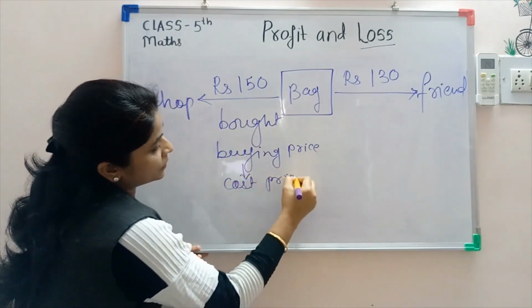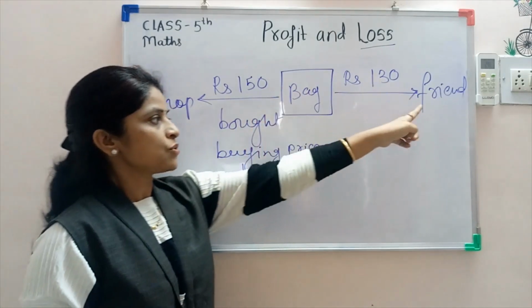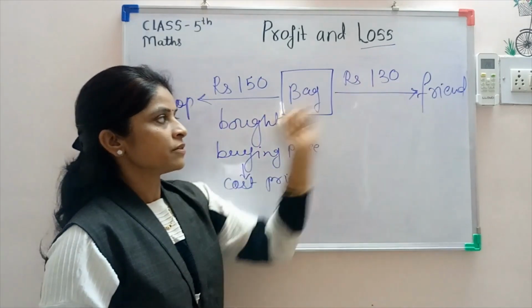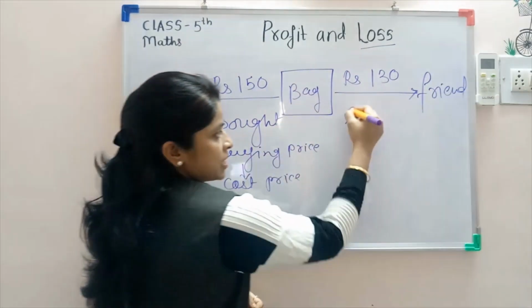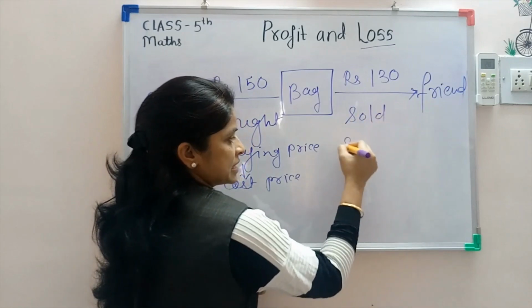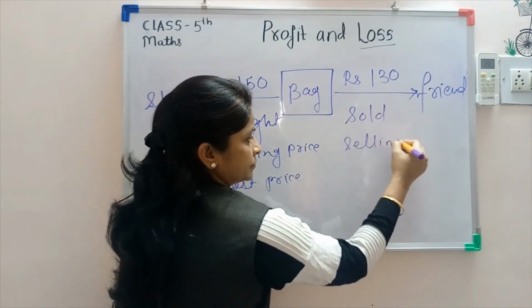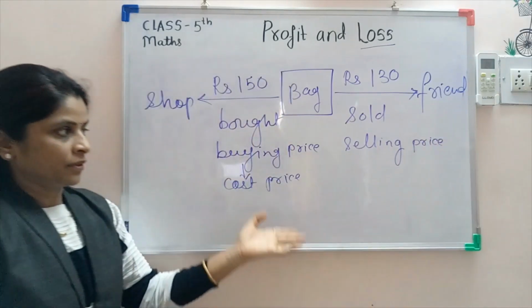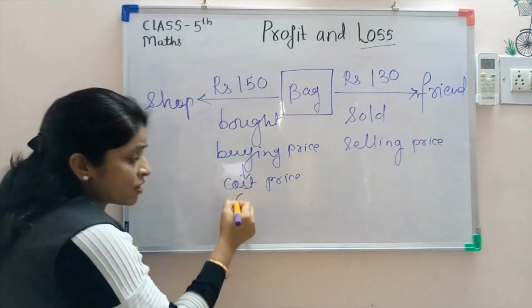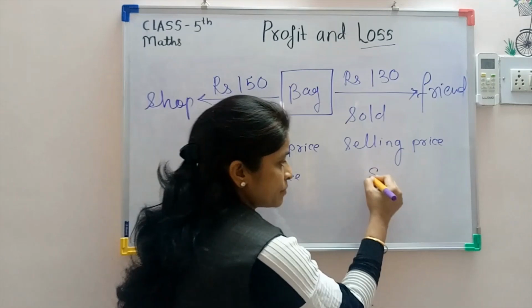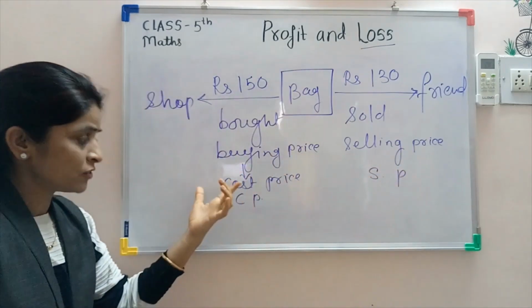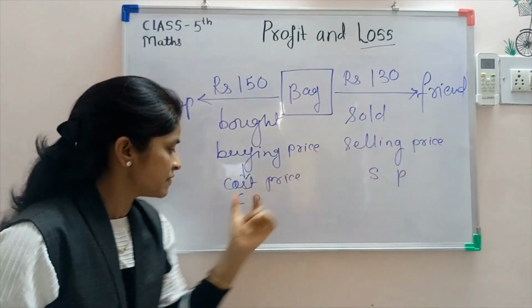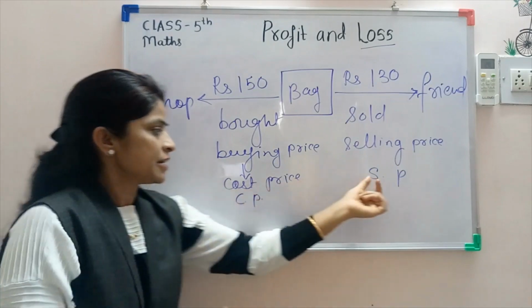And I sold to my friend at rupees 130. I sold is nothing but the selling price of that bag. Now cost price means CP and selling price means SP. Every time we will not write the full words, we will write CP and SP.